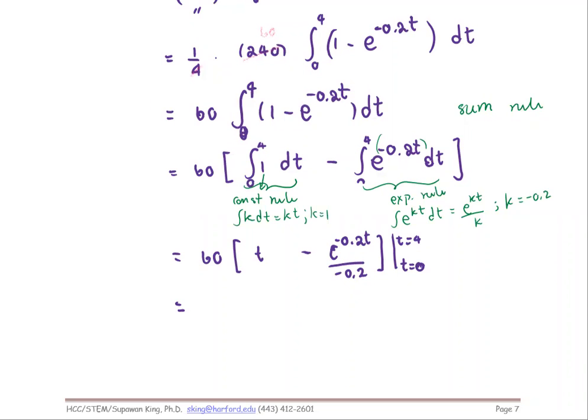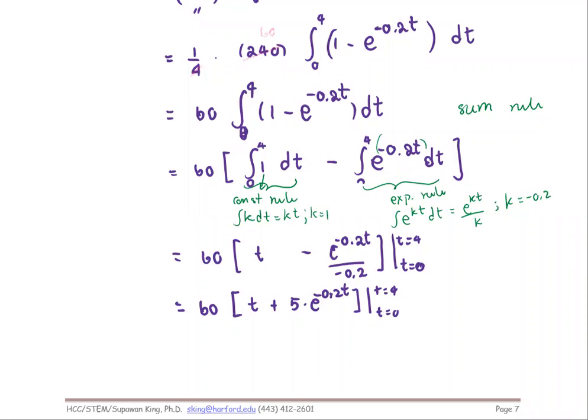We can distribute 60 into the bracket or leave it outside; it doesn't matter. I'm going to clean up the negative: negative becomes positive, and 1 divided by 0.2 is 5. So it's plus 5 e to the negative 0.2 t, evaluated from t equals 0 to t equals 4.